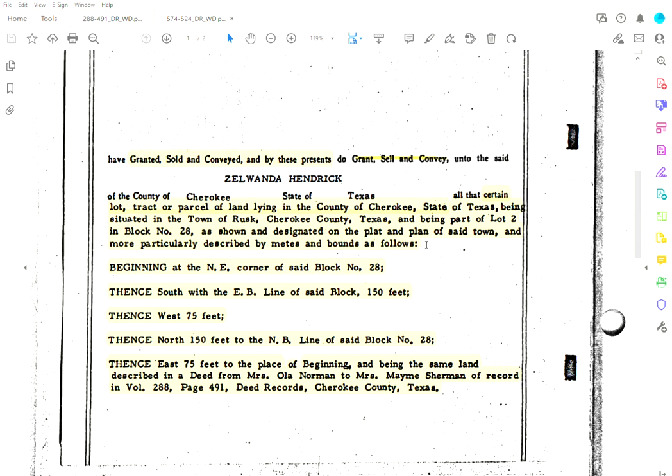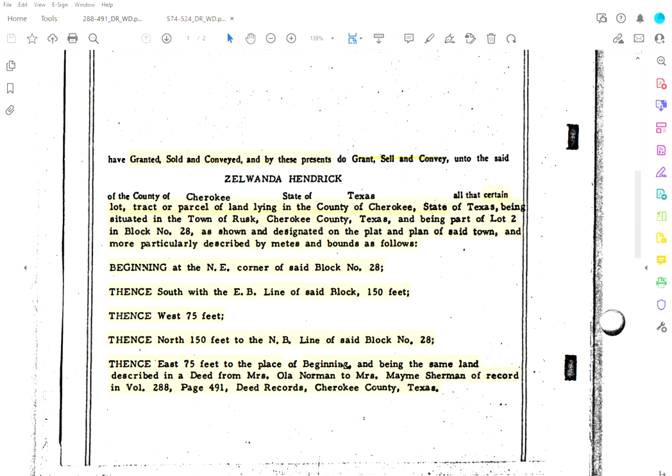So metes and bounds right here is a way of referring to this kind of description where it says beginning at the northeast corner of said Block 28, thence south 150 feet, thence west 75 feet, thence north 150 feet, thence east 75 feet to the place of beginning.